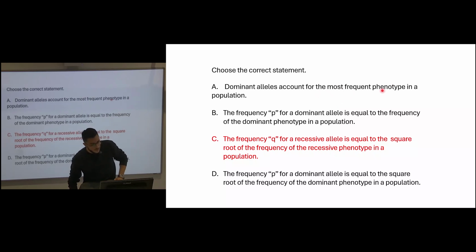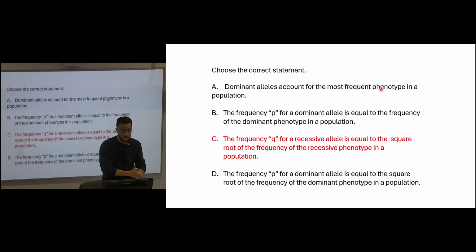The thing is, the most frequent phenotype is not always the dominant allele, because the dominant allele could be problematic. It could cause a disease, or it could cause lethality or something like this. So it's not the most frequent phenotype. The most frequent phenotype is the healthy one. And the healthy one could be either homozygous recessive or homozygous dominant. It depends on what you're talking about.